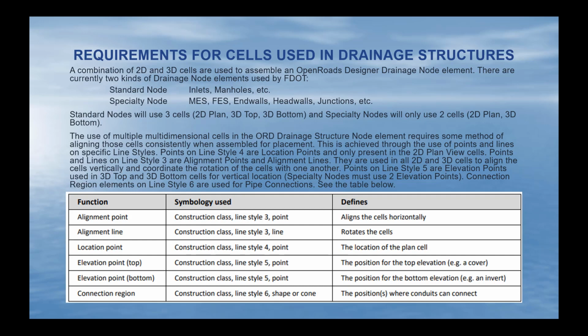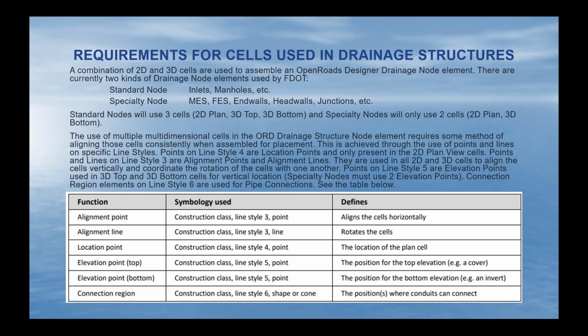A standard, which is basically all of your inlets, manholes, etc. And then specialty nodes, which are the MESs, FESs, end walls, basically anything that is a single element that will not require two of the 3D cells to complete.